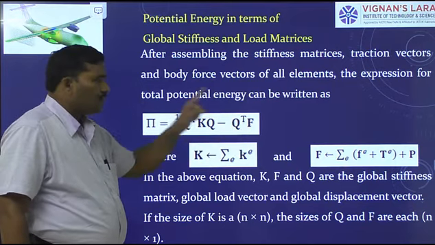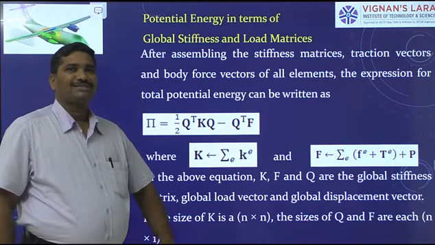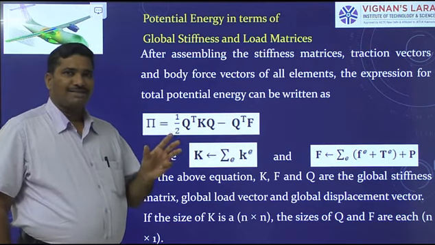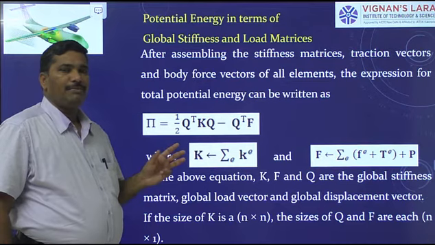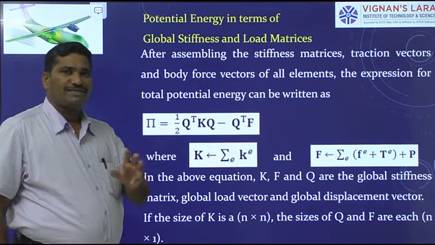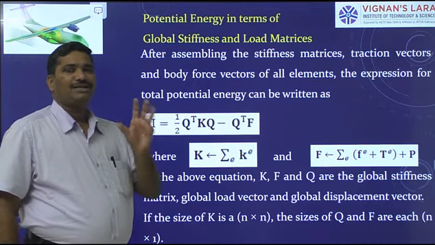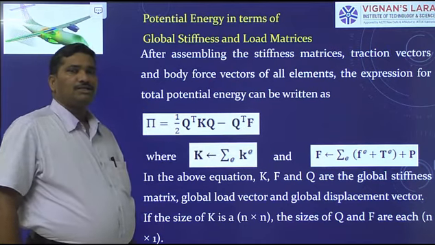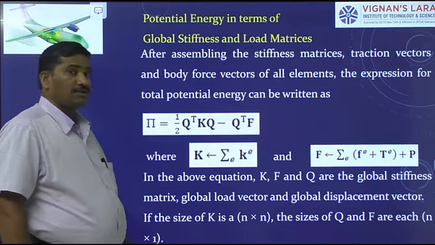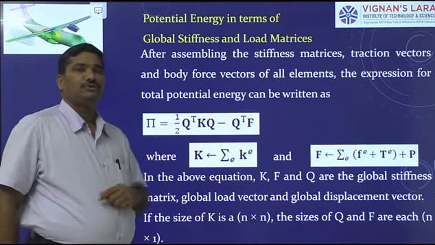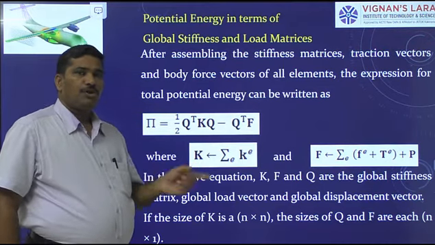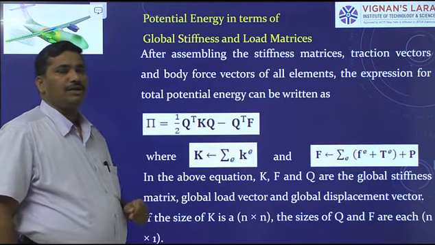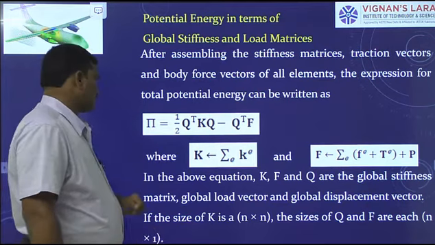F is the global load vector that takes account of the element traction vectors, element body force vectors, and concentrated forces, that is, the global body force vector, global traction vector, and concentrated forces.